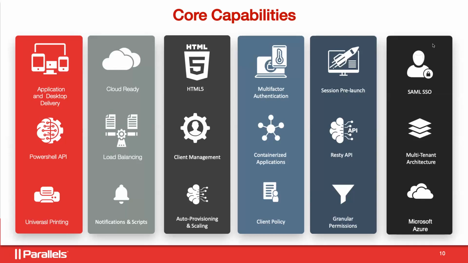Multi-factor authentication, centralized applications. So again, that's fairly core. All the applications and desktops are centralized within your data center, so you can apply a lot more security on that. You know where it is as well. It's an important point. We have client policies, so we can centrally manage all the client features and functions, basically.